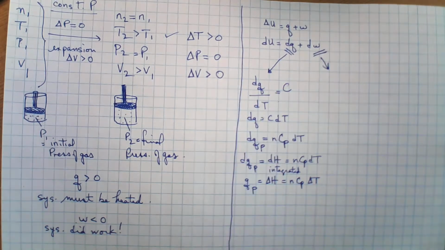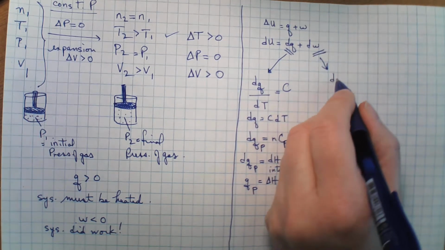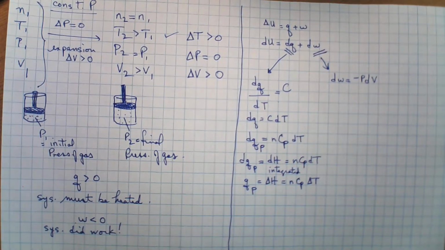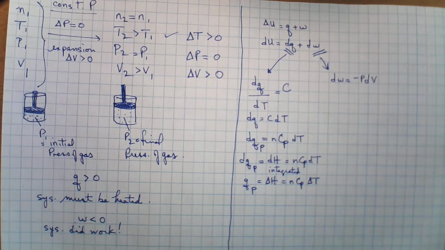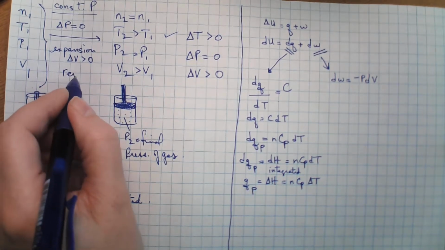Now if I'm asked to find the work associated with this, dW always starts with a minus P dV, and we did this in another video too, but it's worth repeating. So we said that this was reversible.